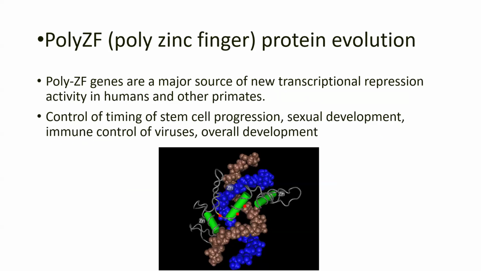And then polyzinc finger protein evolution is a very good example of all of this. It has been very well studied. They're a major source of new transcriptional repression activity in humans and other primates. They control the timing of stem cell progression, sexual development, immune control of viruses, and overall development. They're very important.